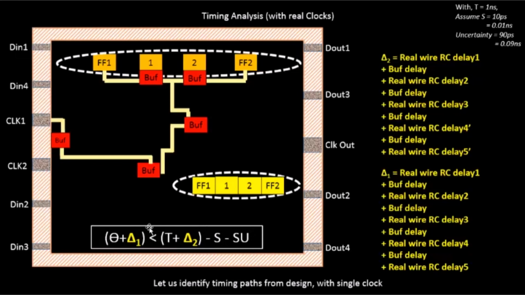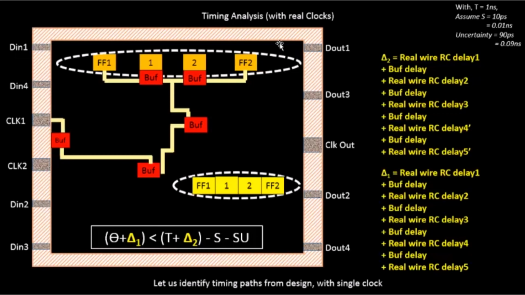Everything remains the same as in the timing analysis we did for the placement stage, except that two new terms get added: delta 1 and delta 2, the launch clock network delay and the capture clock network delay. We have talked a lot about these defining equations and how to derive them in the clock tree synthesis videos. You might want to have a look at those videos.